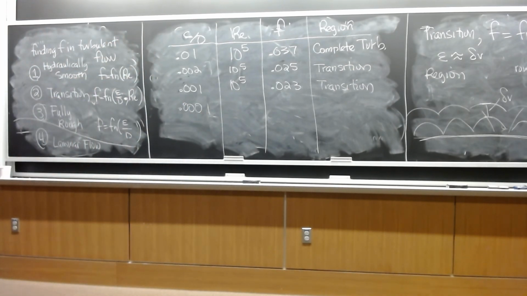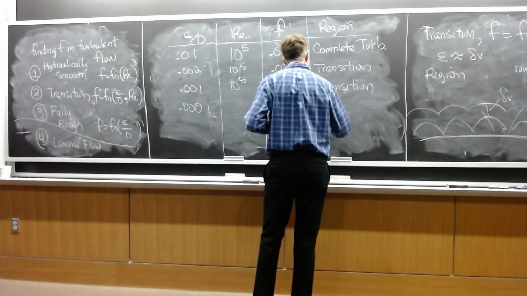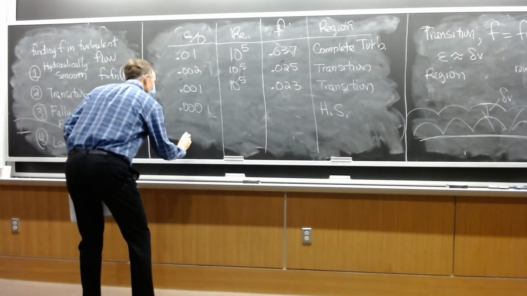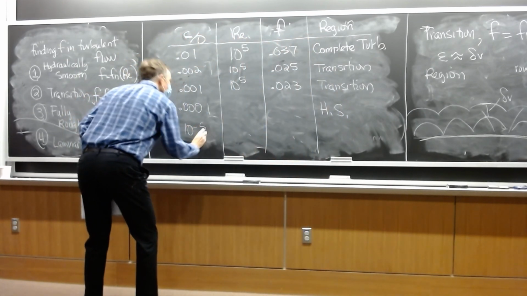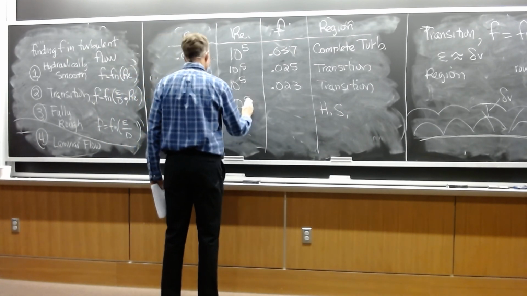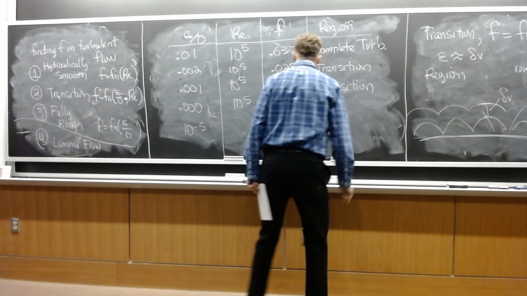Okay, now what would happen if we went to 10 to the minus 4? That's hydraulically smooth. 0.018. And making it smoother than that would make it even smoother.